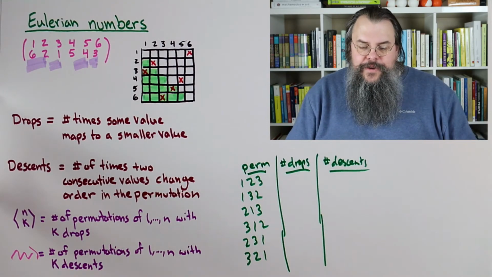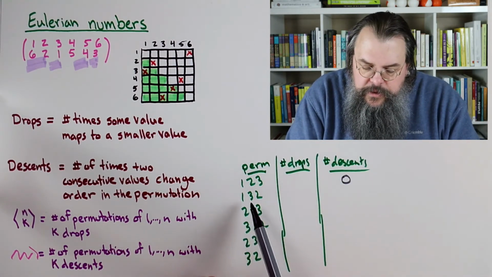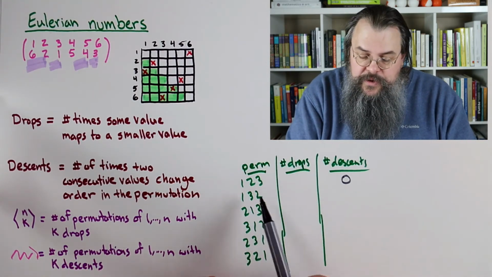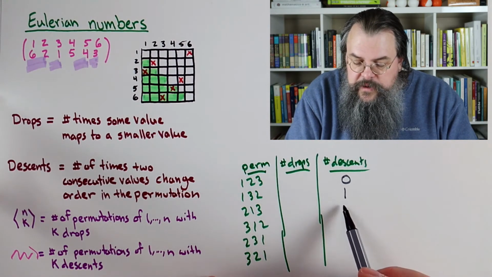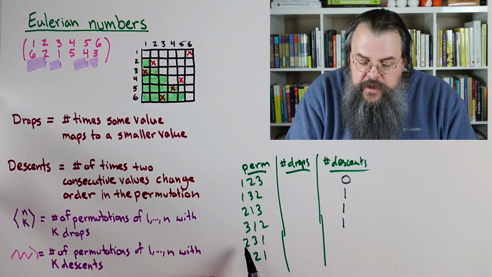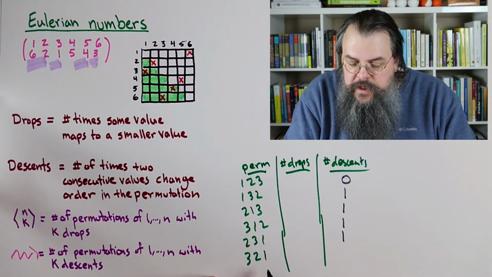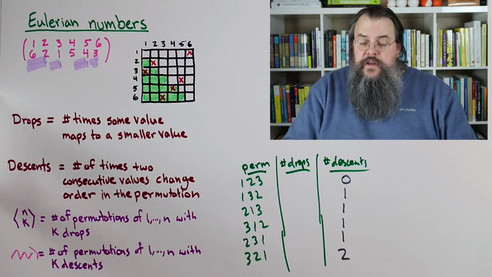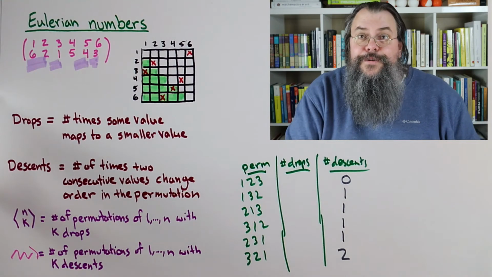So how many descents do we have? 1, 2, 3: none. 1, 3, 2: oh, 3 went down to 2, or rather, 3 was followed by a smaller number. 2, 1, 3: 2 to 1, that's 1, 1 to 3, no. So there's a 1. 3, 1, 2: 3 goes down to 1, then you're going back up, so there's a 1 there. 2, 3, 1: went up to 3, went down to 1, so there's 1 there. 3, 2, 1: down, down, there's 2. So in terms of the number of descents, we see 0, 1, 1, 1, 1, 2.